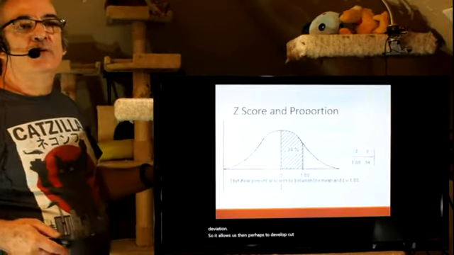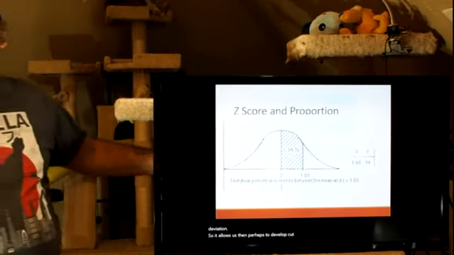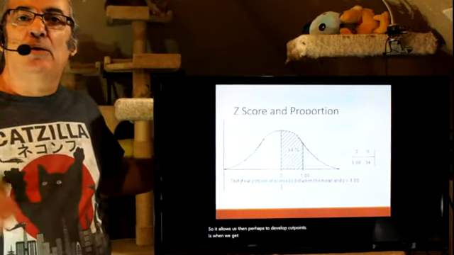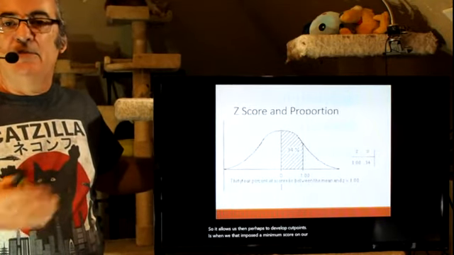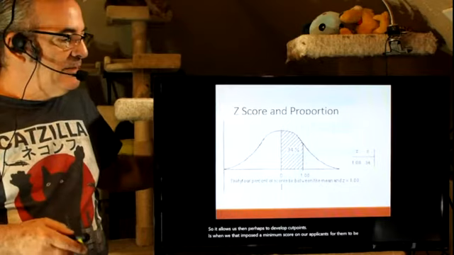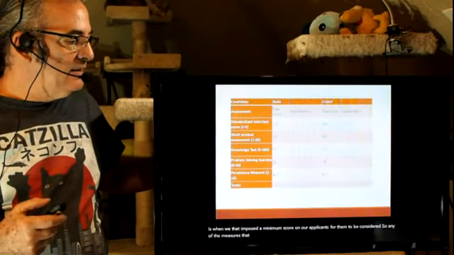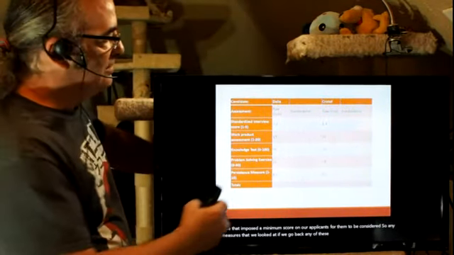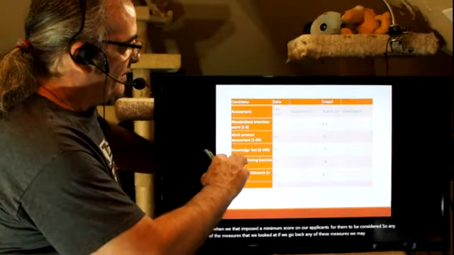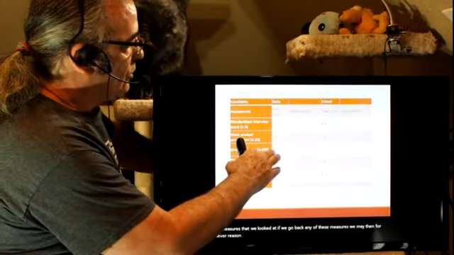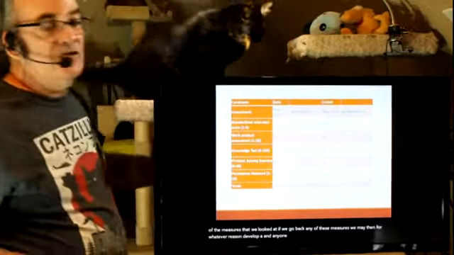Cut points are when we impose a minimum score on our applicants for them to be considered. So for any of the measures that we looked at, we may, for whatever reason, decide that anyone who scores below, let's say, 70 on the knowledge test is just out.